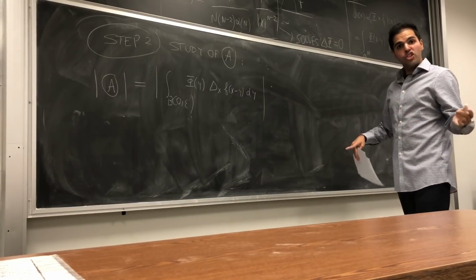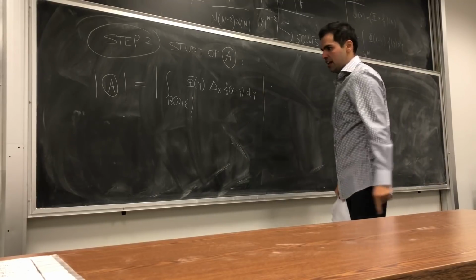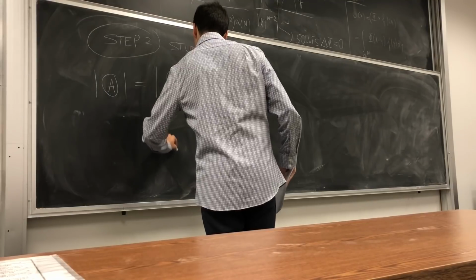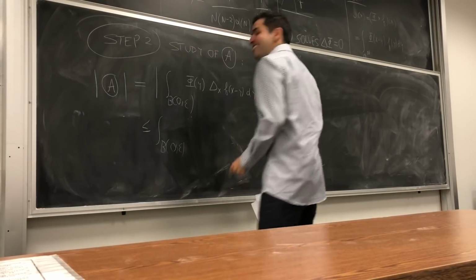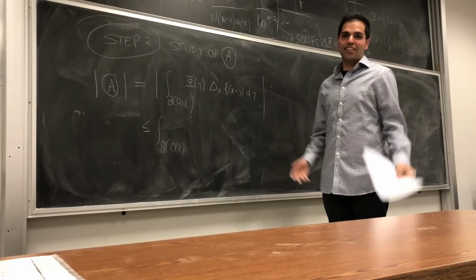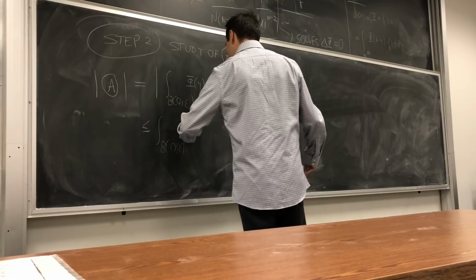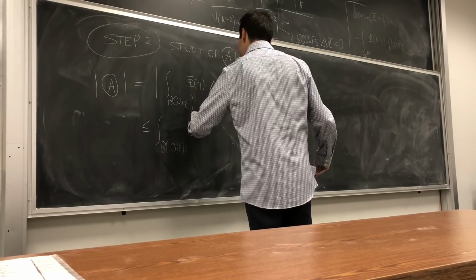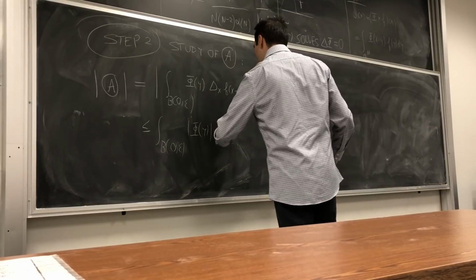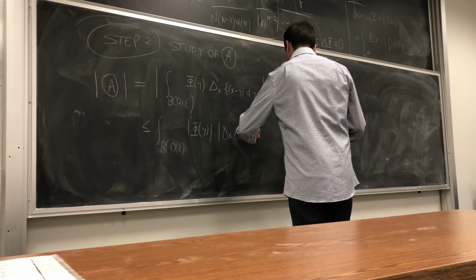Now, there is the triangle inequality, which tells us we can put the absolute value inside the integral. Which makes me think analysis is really the study of putting stuff inside the integral. Okay? It's like a suitcase. Okay? So in fact, this is less than or equal to the integral of the absolute value of phi of y times the absolute value of the Laplacian of f of x minus y dy.